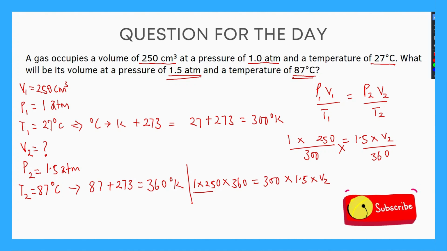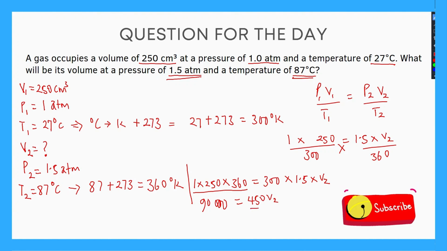So let's do a bit of math now. 1 multiplied by 250 multiplied by 360 gives us 90,000. So we have 90,000 on the left hand side. This is equal to 300 multiplied by 1.5, which gives us 450 V2.